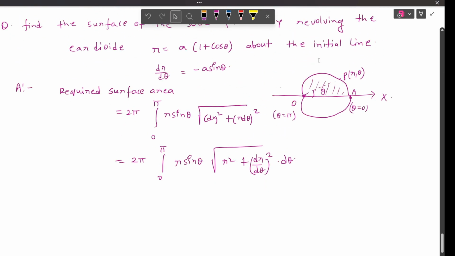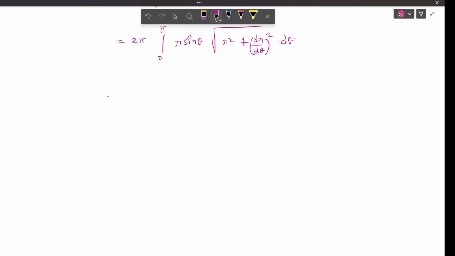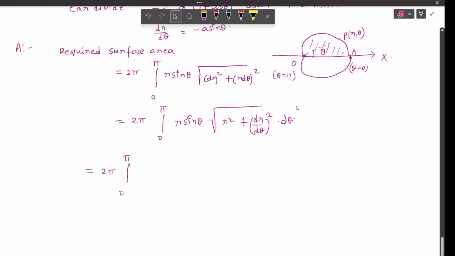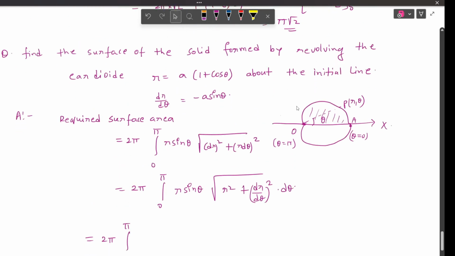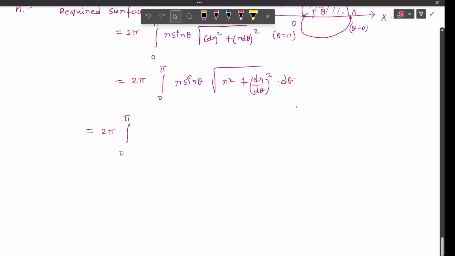So our dr by d theta is minus a sine theta. 2 pi integration 0 to pi. This is r, and r is a into 1 plus cos theta.